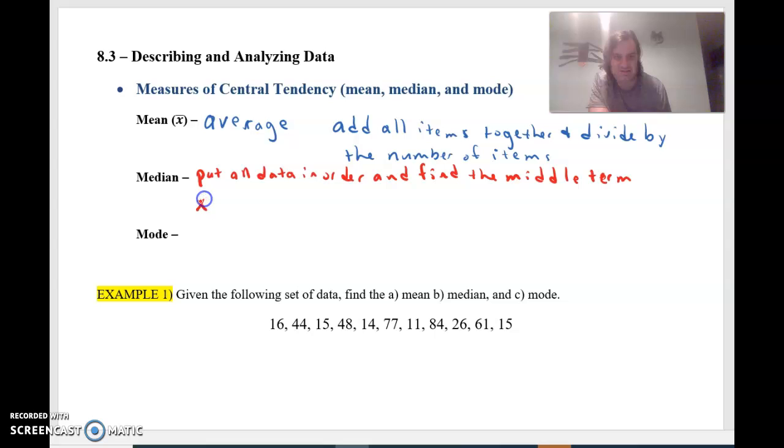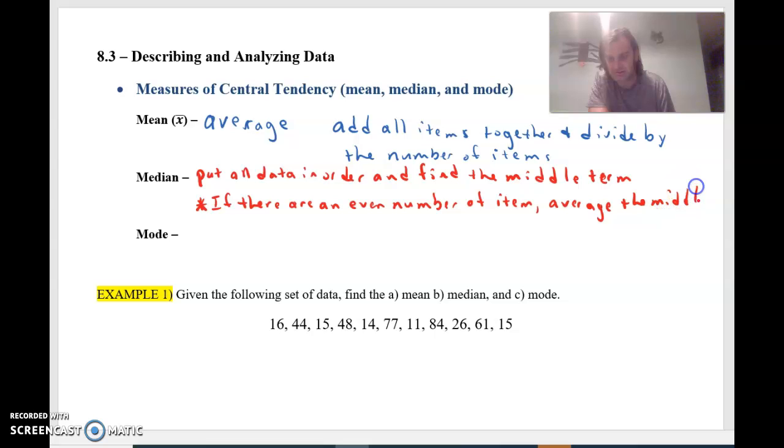It's worth noting if there are an even number of items, average the middle two.